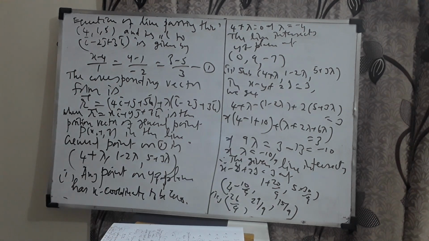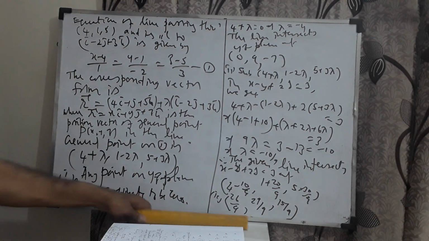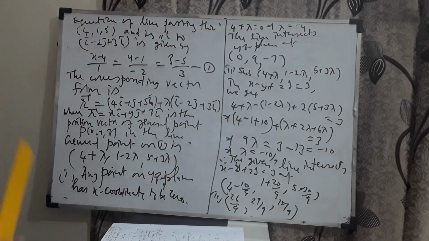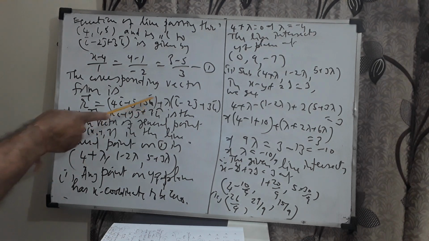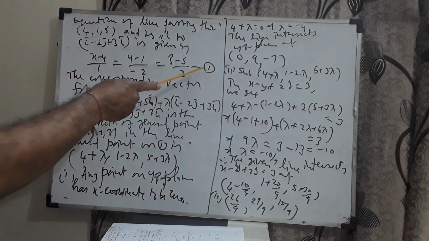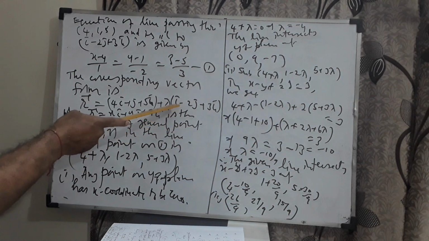Let me just check once again whether I have gone wrong elsewhere. Equation of the line passing through this and parallel to this: if it passes through a vector and is parallel to b vector, r vector equals a vector plus lambda times b vector is the application. This is my vector form, this is my Cartesian form. I used to get it in terms of k or l, already told you, but it's already in terms of lambda.